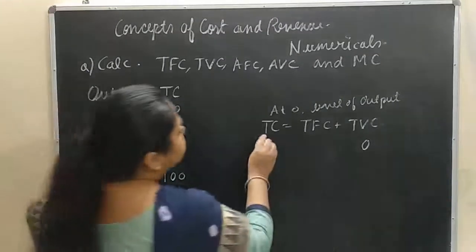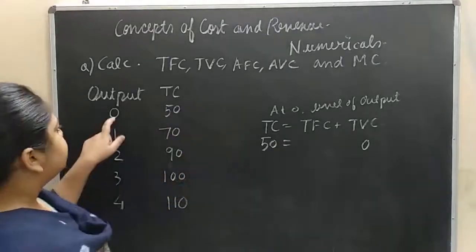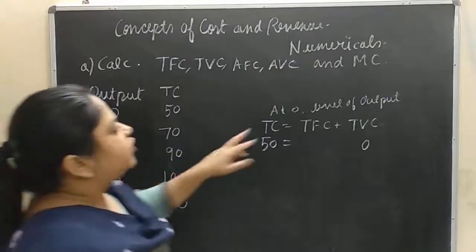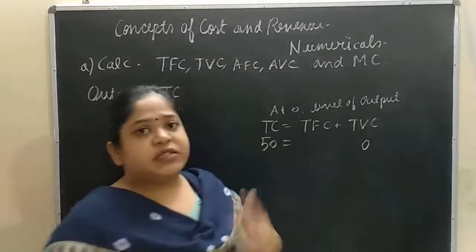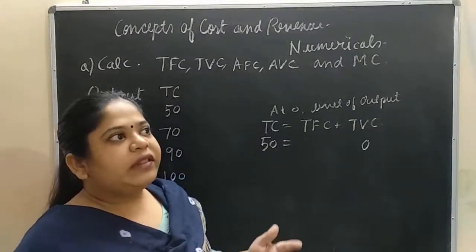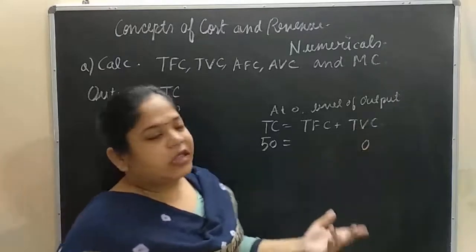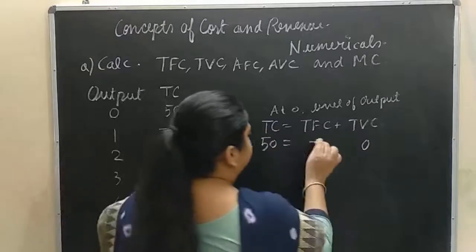So if at zero level of output you can see TC is given 50, and we know that there is no variable cost at zero level of output, when output is not there, TVC is also zero, then definitely this 50 represents fixed cost.